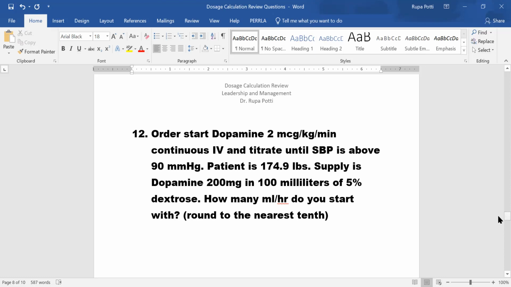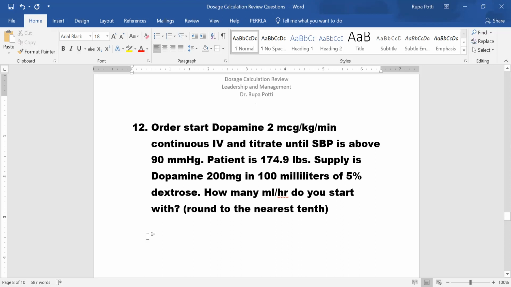So again, you go by what is available, what is the order, and what is it that you need. What is available for you? You have 200 milligrams in 100 ml.